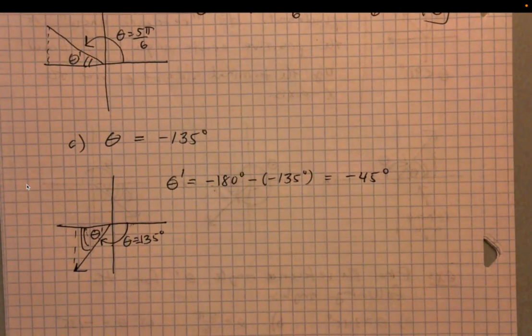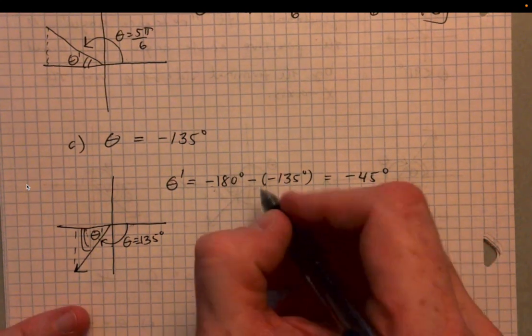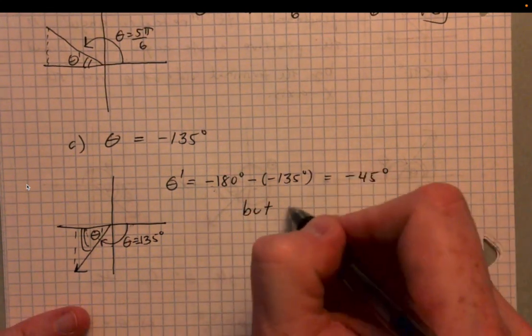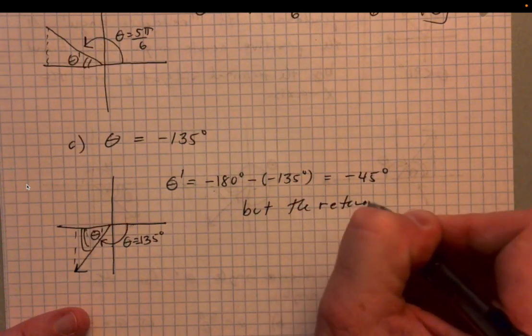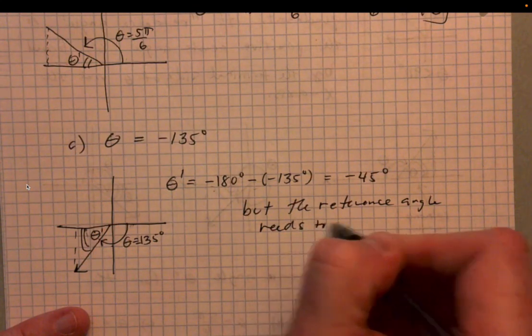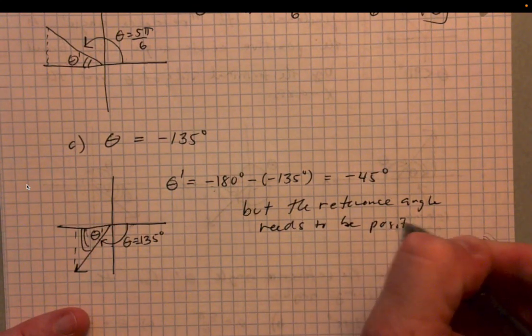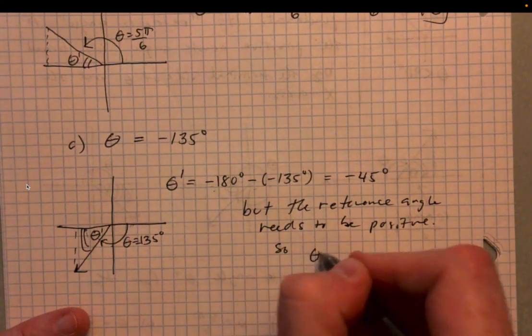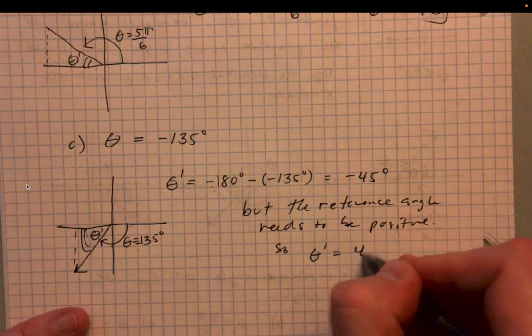So I get negative 45 degrees, but the key thing to keep in mind is that the reference angle always is positive, so theta prime needs to be positive 45 degrees, right? So let me write that in here. The reference angle, so we would say theta prime is equal to 45 degrees.